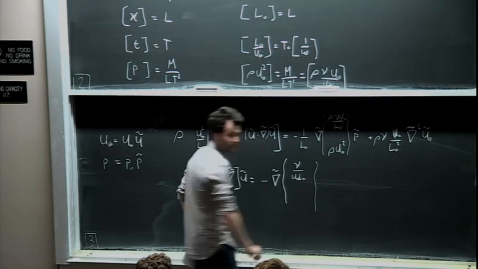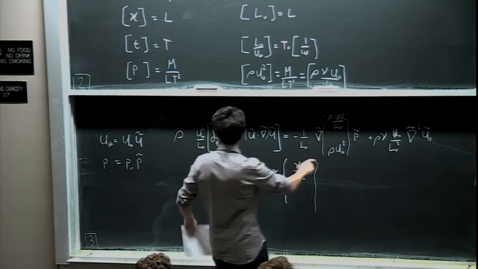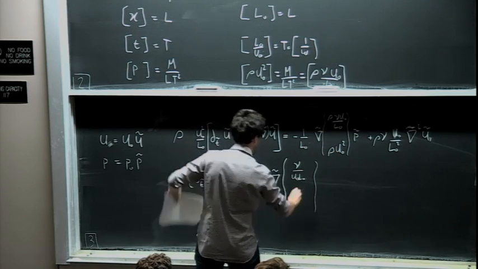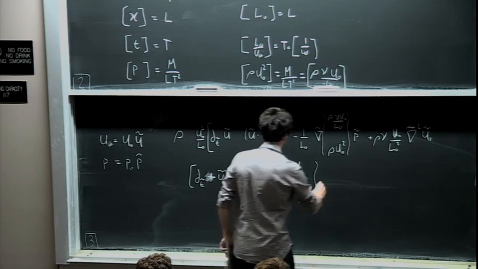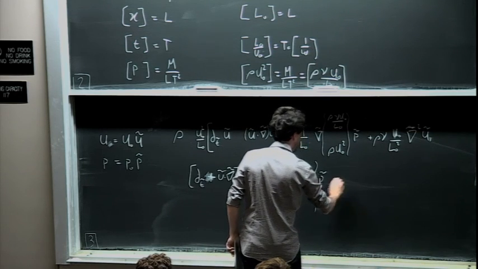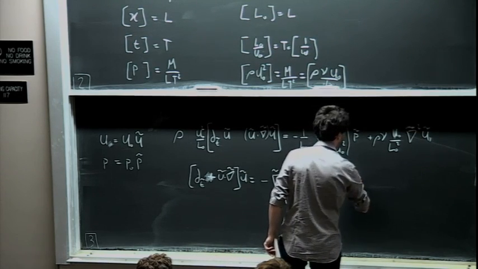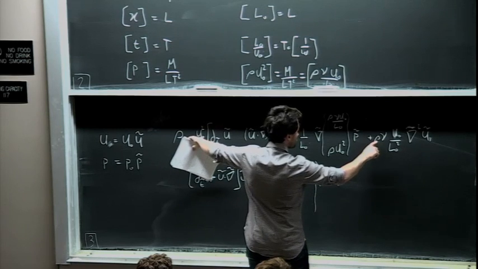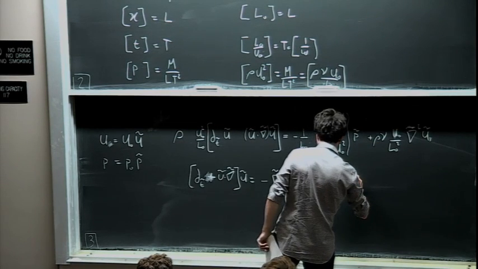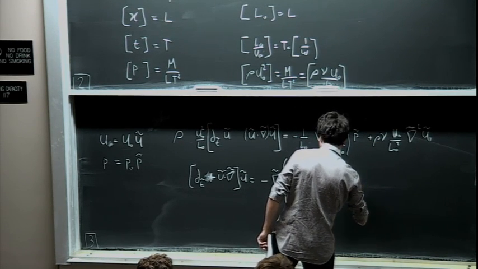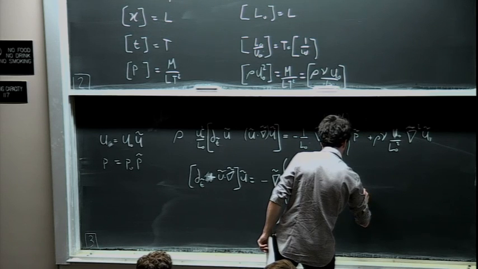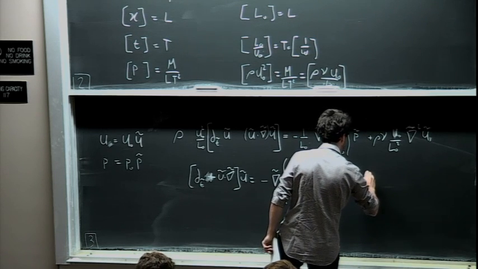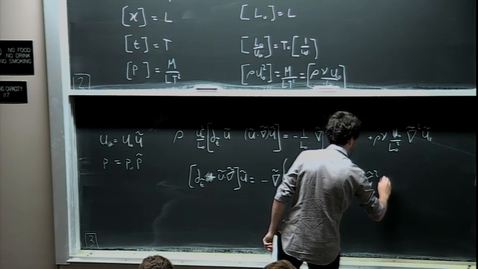So we have an L naught over here, and then on the bottom we're just going to have an exact cancellation. So we have 1. This is p twiddle. And then over here the rhos are going to cancel, so we're going to end up with nu over u naught L naught times del twiddle squared u twiddle.